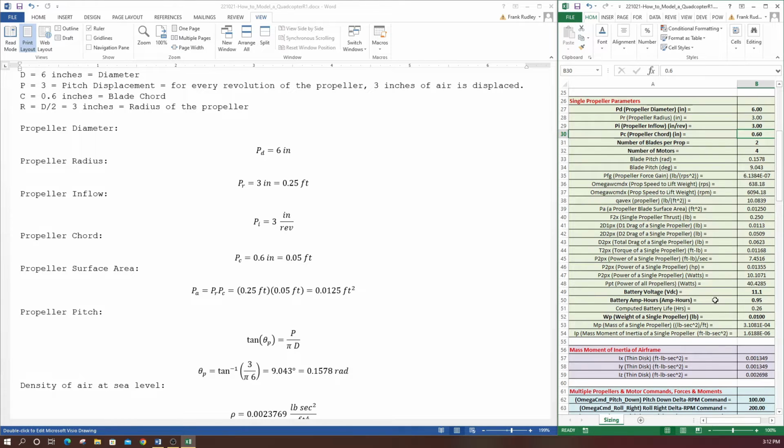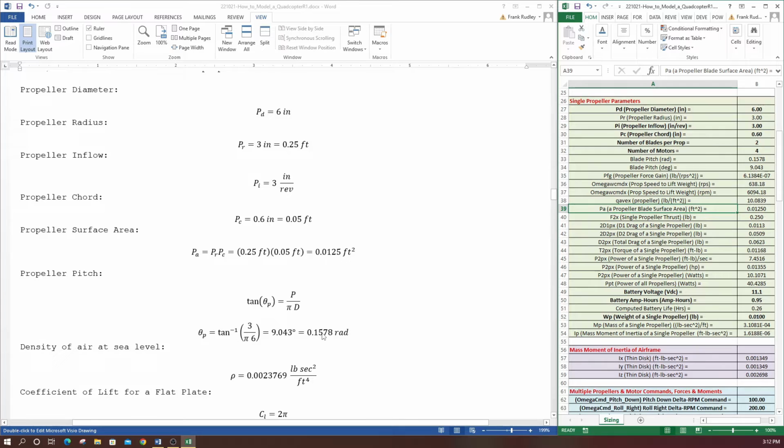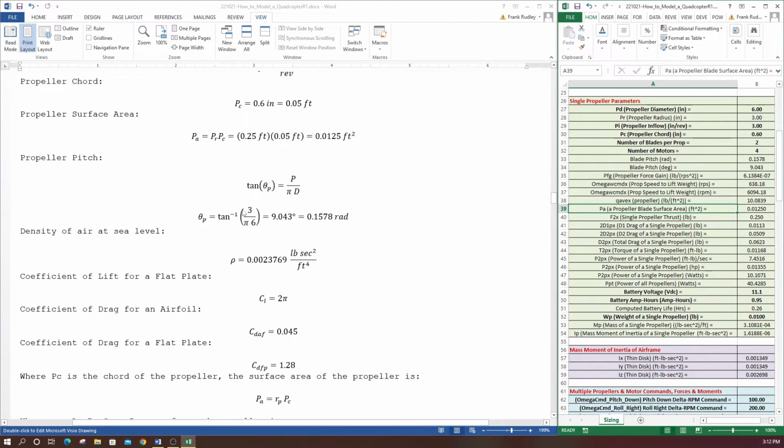Let's see, can we find that in our computations? That's over here. This is our surface area right here. So we're trying to verify the spreadsheet calculation with a hand calculation. We want to get the pitch of the propeller. There's a little equation: the tangent of the pitch angle is equal to the inflow, which is 3, over pi times the diameter.